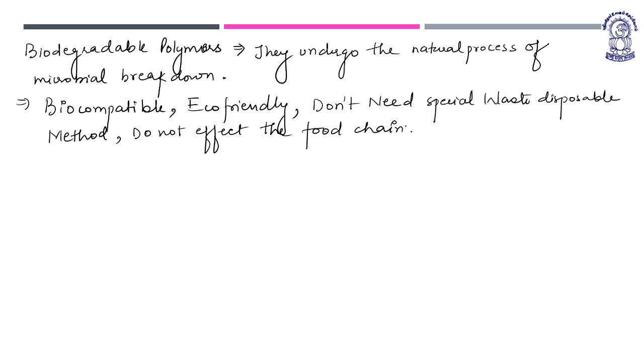In biological systems, the biopolymers like protein and starch can degrade themselves almost up to 100%.